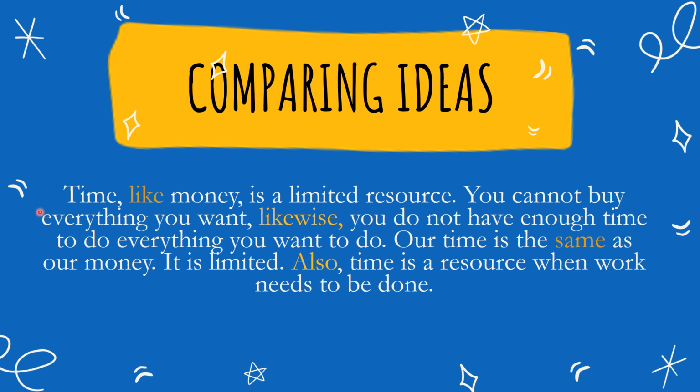You cannot buy everything you want. Likewise, you do not have enough time to do everything you want to do. Our time is the same as our money. It is limited. Also, time is a resource when work needs to be done. So the highlighted words here, like, likewise, same, also, are the marking signals for comparing ideas.